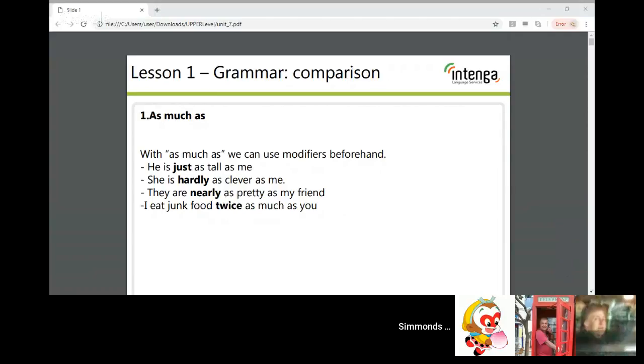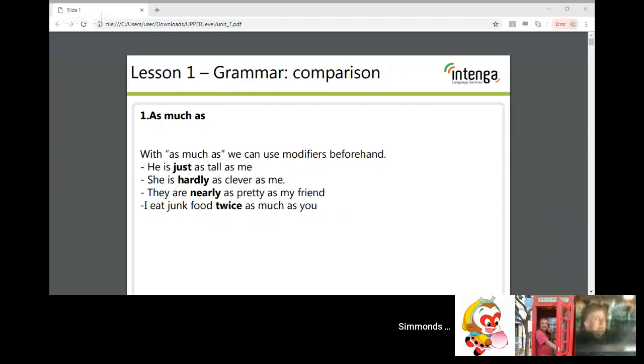So that's basically that. If there's no questions, let's look at the next one. They are nearly as pretty as my friend. So nearly in this case, again, changes the sentence. Without nearly, it says they are as pretty as my friend. They're the same prettiness. They're all pretty. If I add nearly, what does nearly mean?